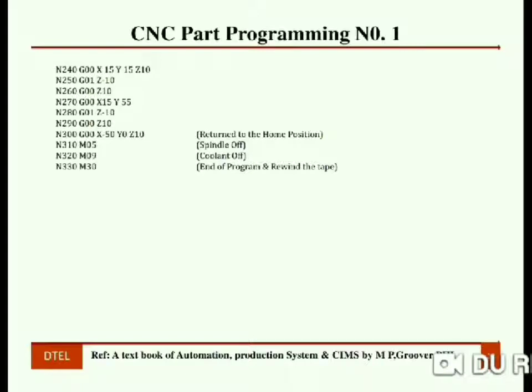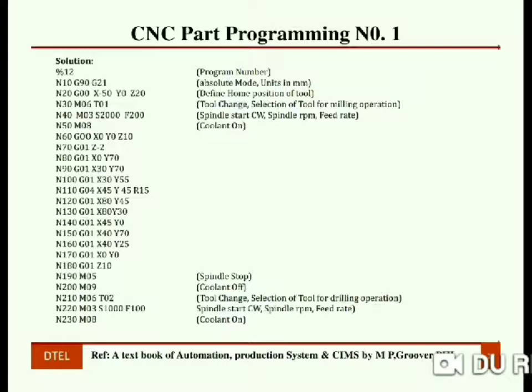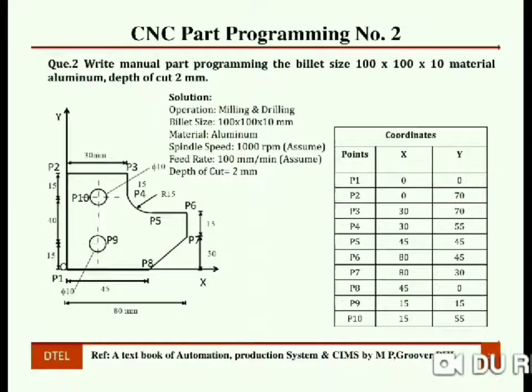Now we are in the drilling operation, which is a point to point positioning system. For that purpose we need to check at what coordinate or position we are going to do the drilling. Here we can see P9 and P10, these are two drilling points having 10 mm diameter. I am going to select P9 for the first drilling operation and P10 for the second.